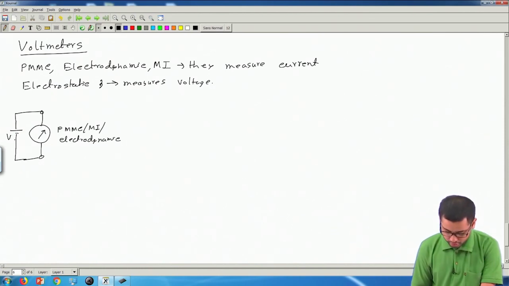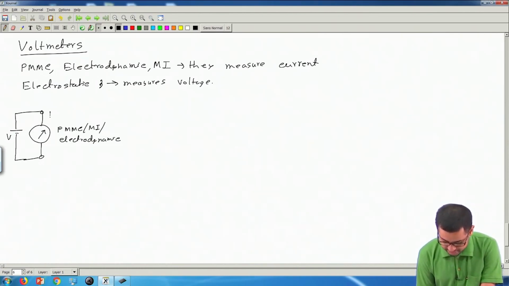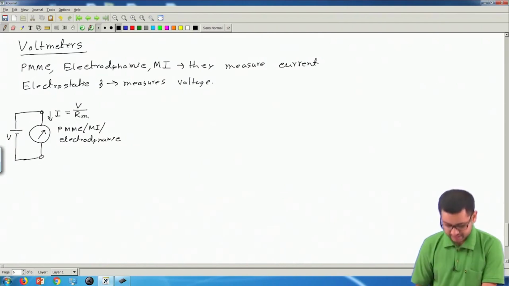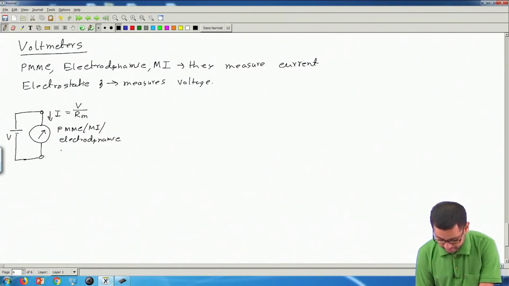What will be the current through this meter? This current I will be V divided by Rm. What is Rm? Rm is the coil resistance or meter resistance or internal resistance.